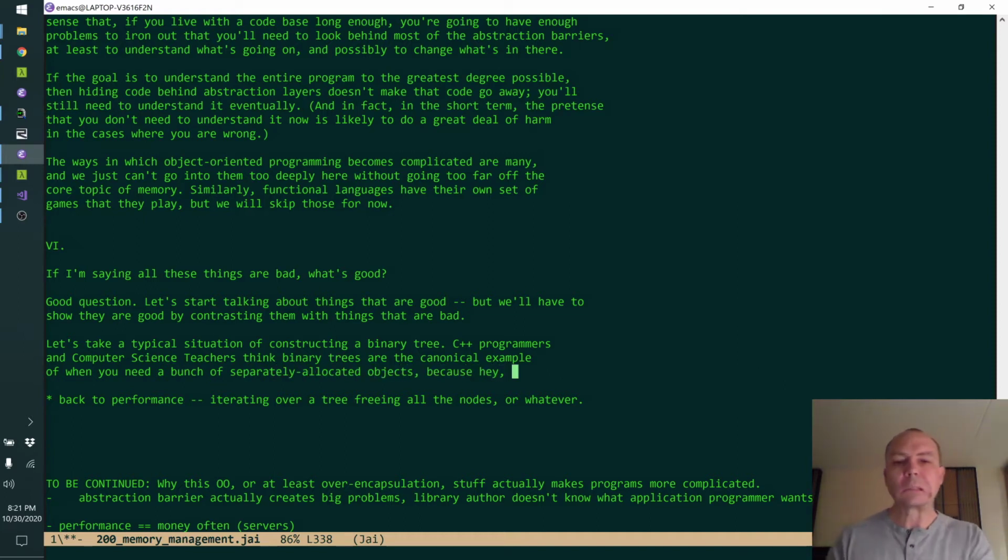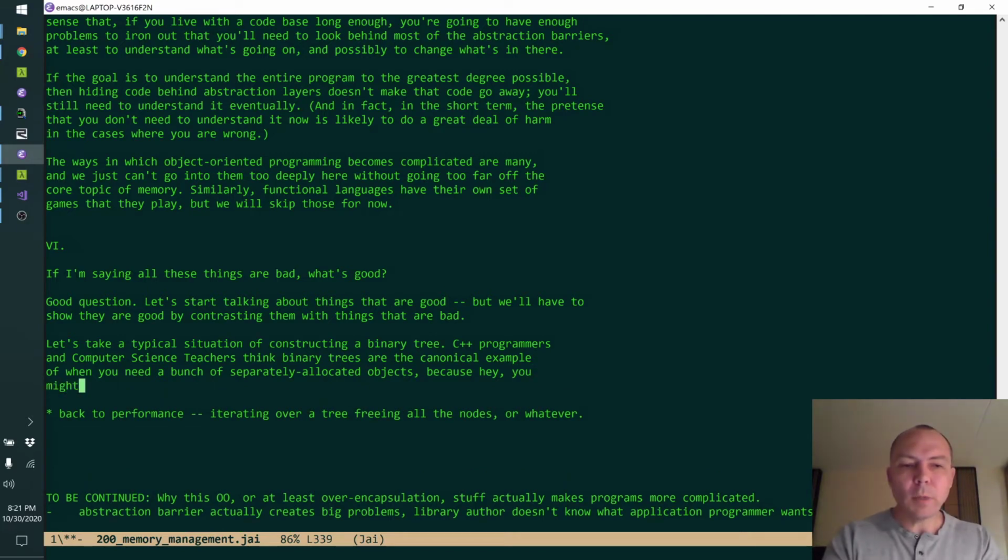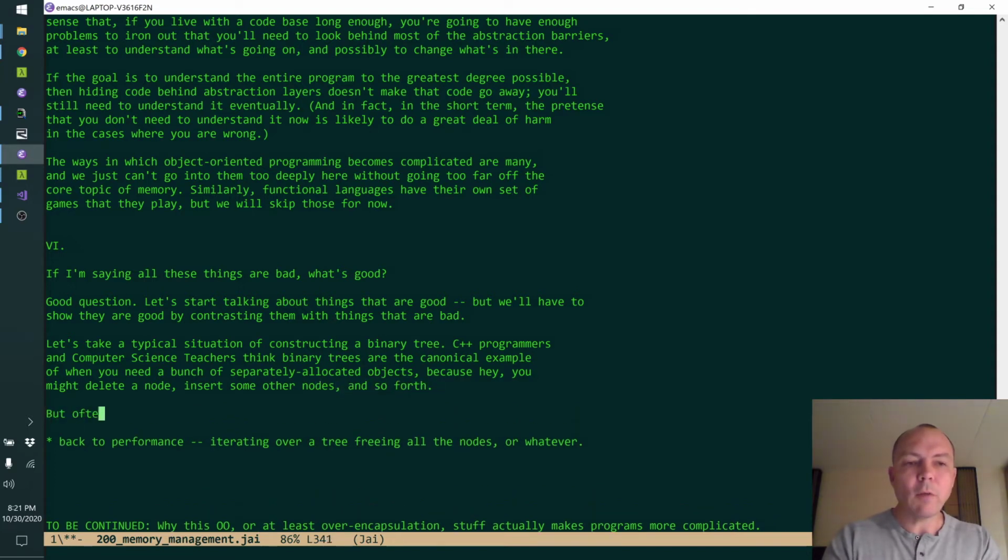Because, hey, you might delete a node, insert some other nodes, and so forth. But often, these binary trees have known lifetimes.